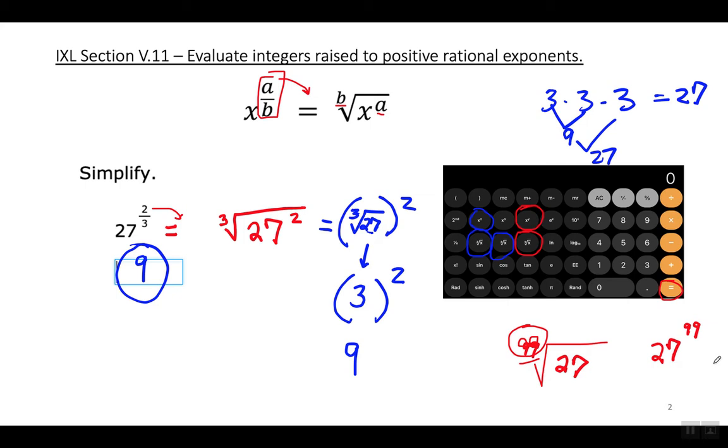Let's all try that. Again, 27, then you hit this button. Now you tell it what exponent you want to put, 99, so you hit equals, and you get some crazy number there that I won't even mention.